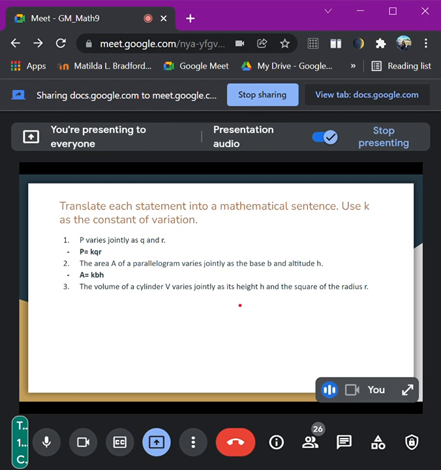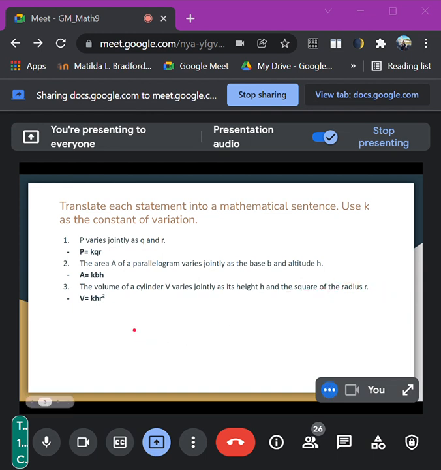So, you have there, V is equals to K times H times R raised to 2. Why raised to 2, class? Because you have there the square of the radius R. Meaning to say, you're going to have the exponent 2. Take note of the words, class.